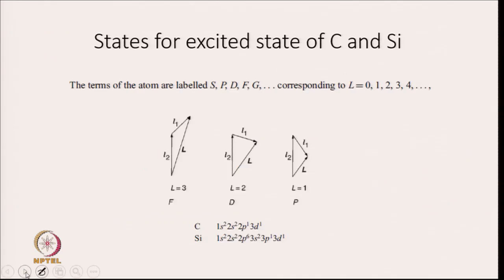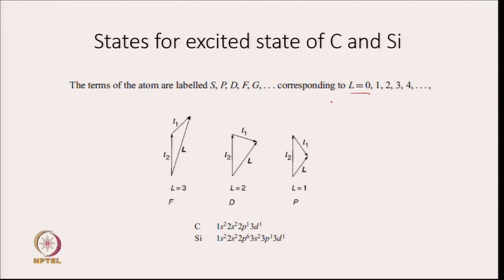Now, let us go and look at the states. Once we have calculated the L value, we can label the different states, in the way we discussed last time.